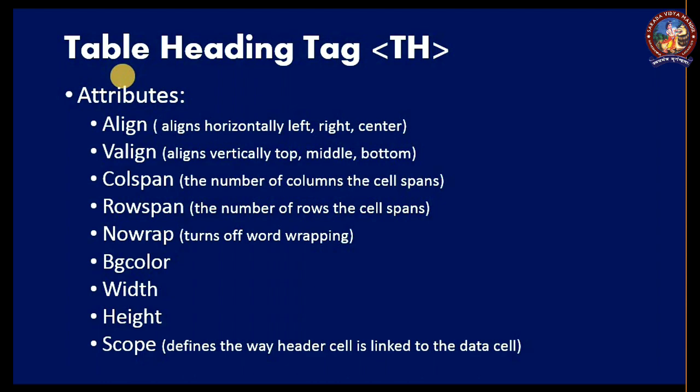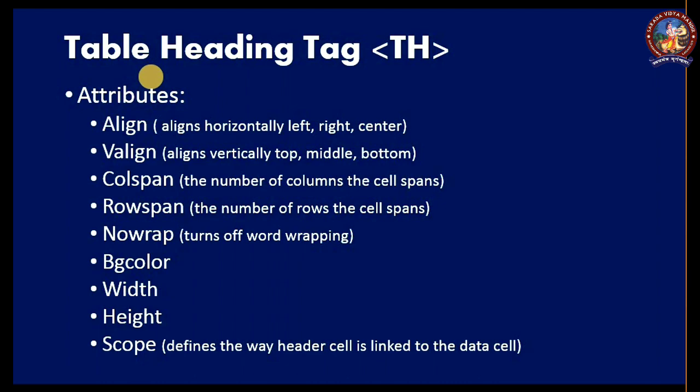Valign is used to align vertically, that means top, middle or bottom. Colspan and rowspan, these two are very important because they are used to join two or more columns or rows together. Like in many tables we have seen that two or three cells are joined together to make a single cell. So in that case rowspan and colspan are used. We are going to use those later.